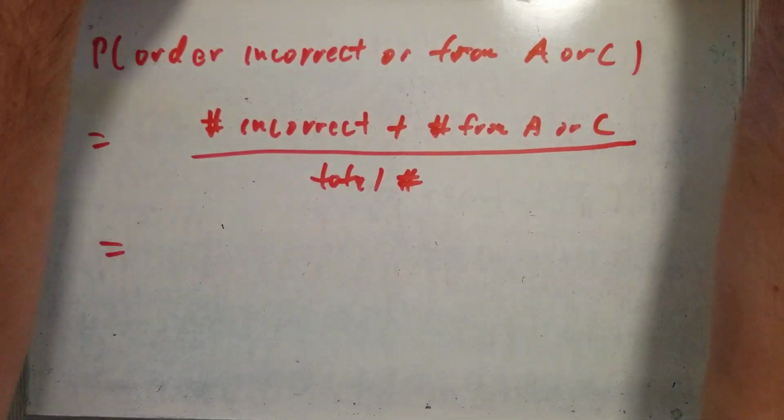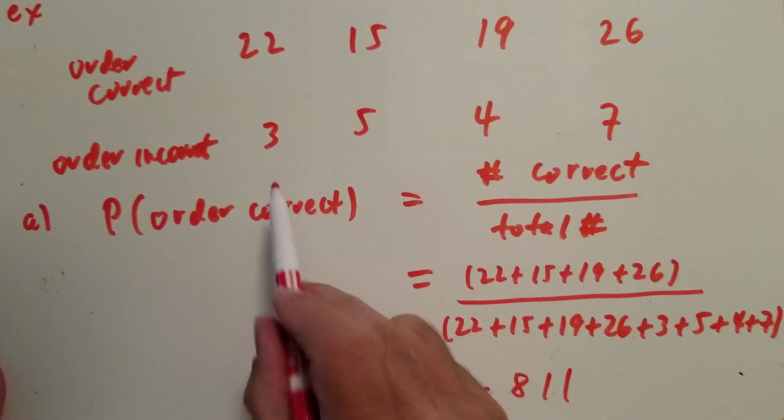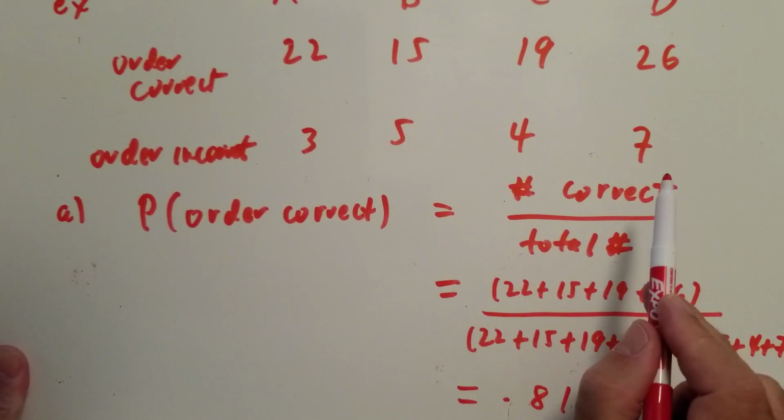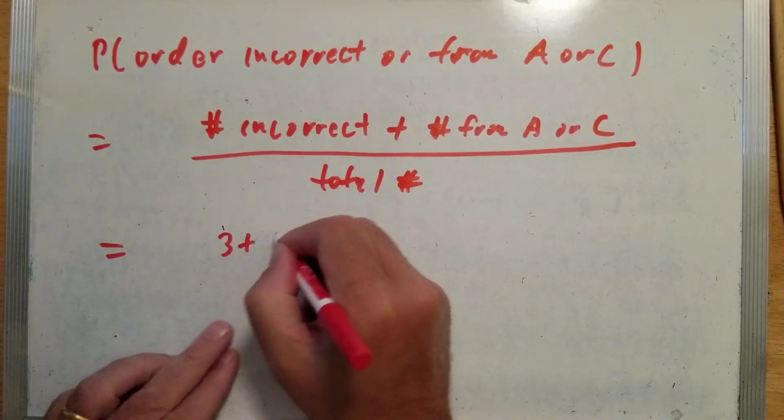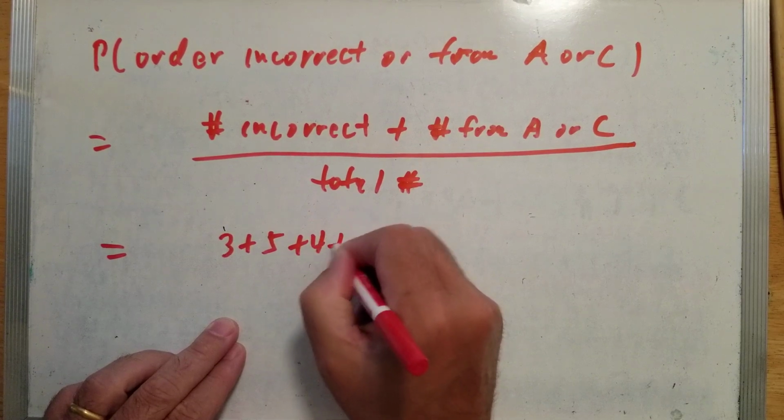The number incorrect is this 3 plus 5 plus 4 plus 7.